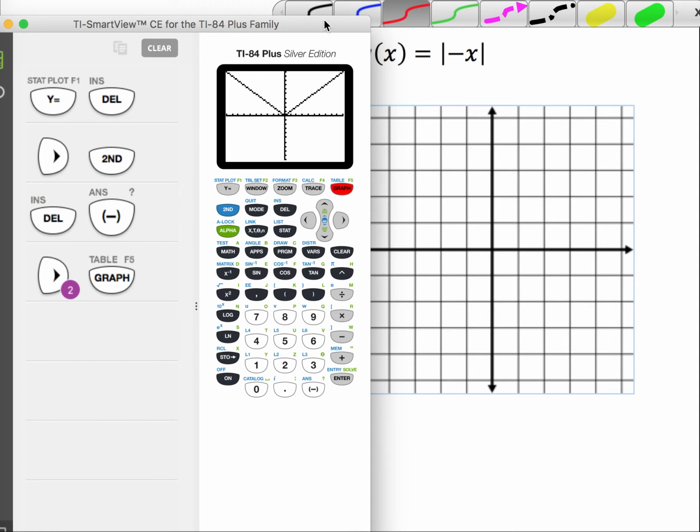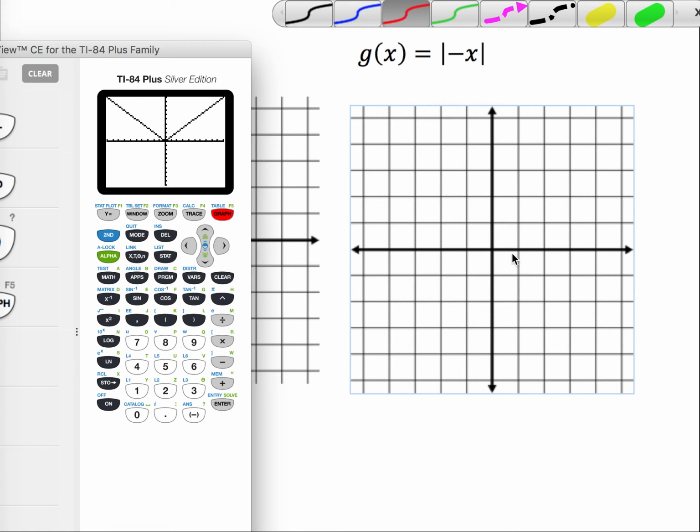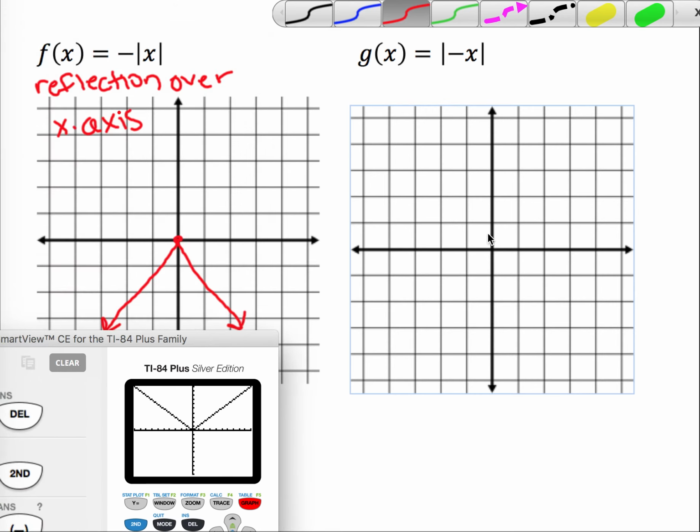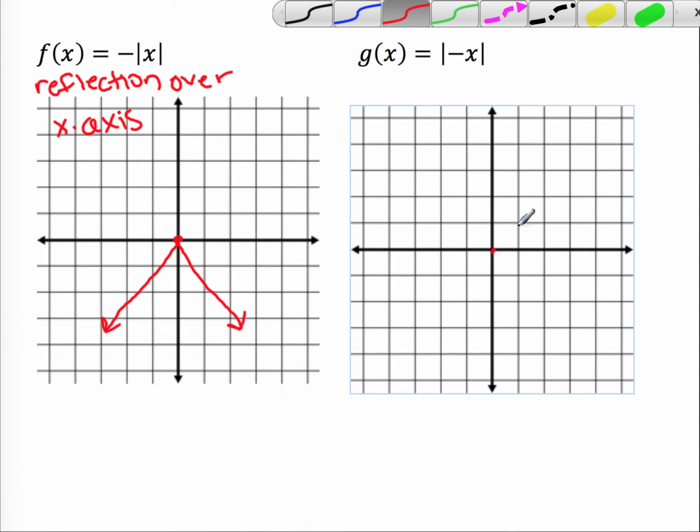And now it looks just like our parent function, but if the last one was reflecting over the x-axis, this one here is reflecting over the y-axis. It does not look any different because our absolute value is symmetric about our y-axis. So we'll write reflection over y-axis. That's it for now.